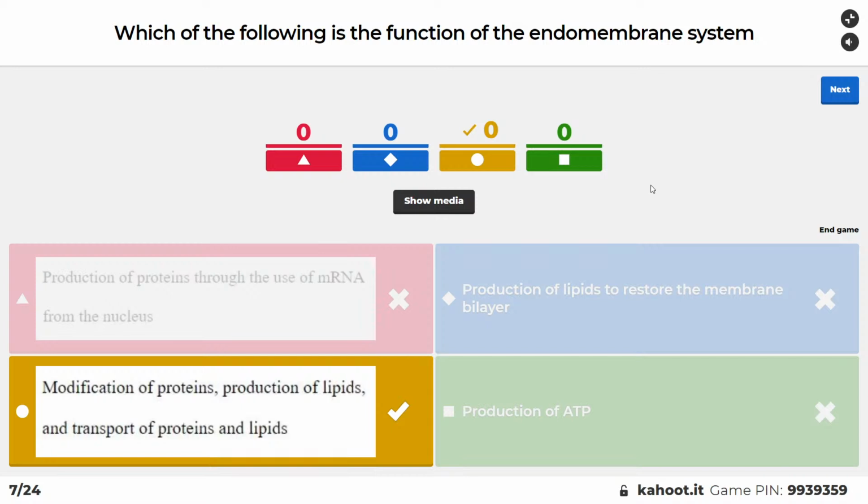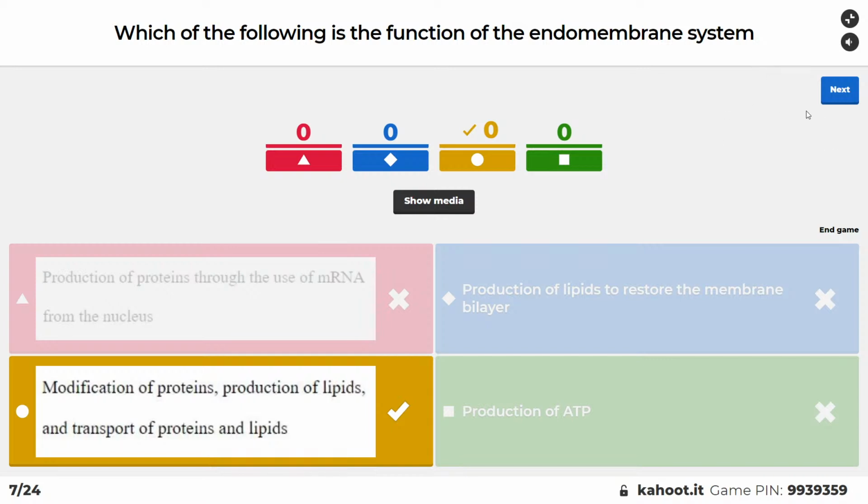So mitochondria isn't included. And the production of proteins through mRNA from the nucleus isn't part of any of those components that I just named, so that wouldn't be it. It's not a key function of the system. And the production of lipids to restore the membrane bilayer is also not really something it deals with.